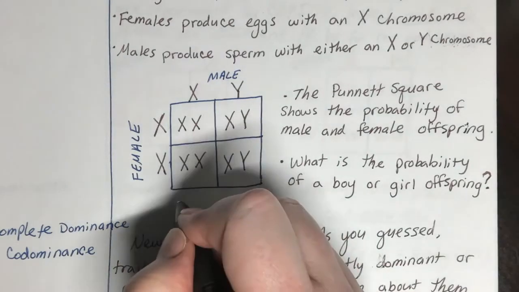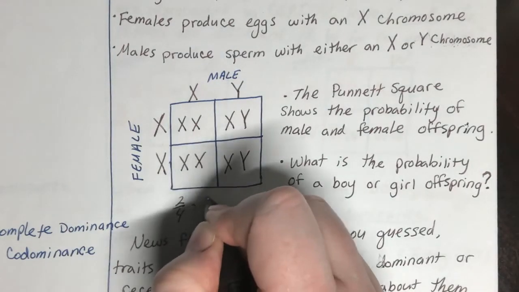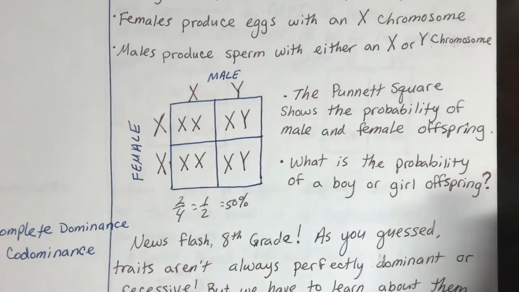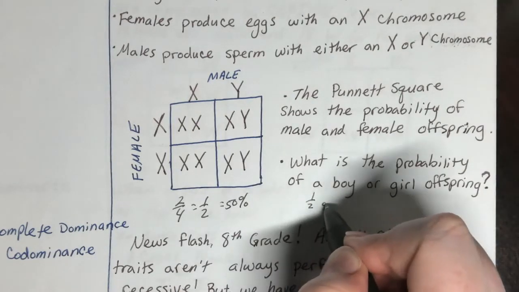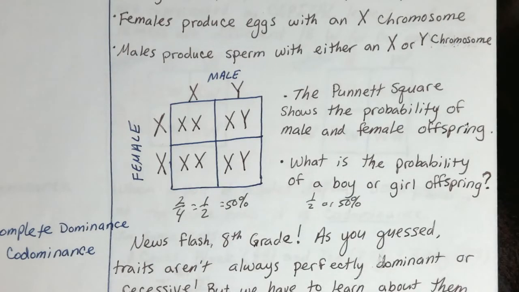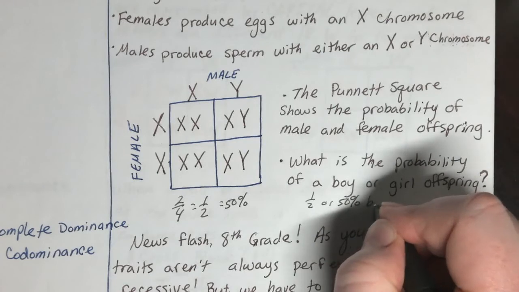So we have 2 out of 4, which is 1/2, which is 50%. So there is a 1/2 or 50% probability of a boy, and the same for girl.